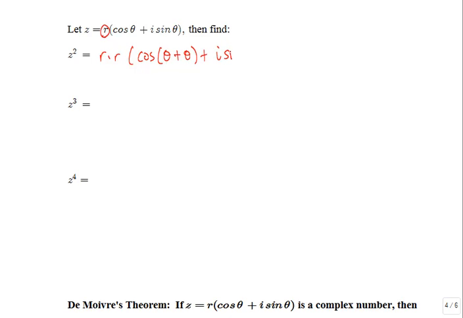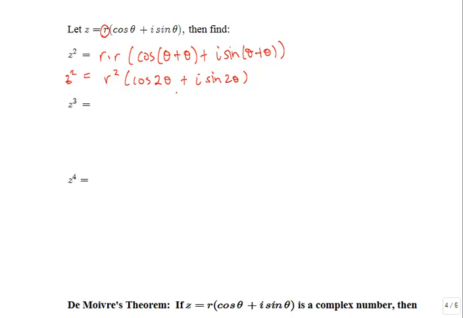So this would be the product formula that we just talked about applied to z times z. If we simplify this, this becomes r squared, and theta plus theta becomes 2 theta. So z squared is r squared times cosine 2 theta plus I sine 2 theta.